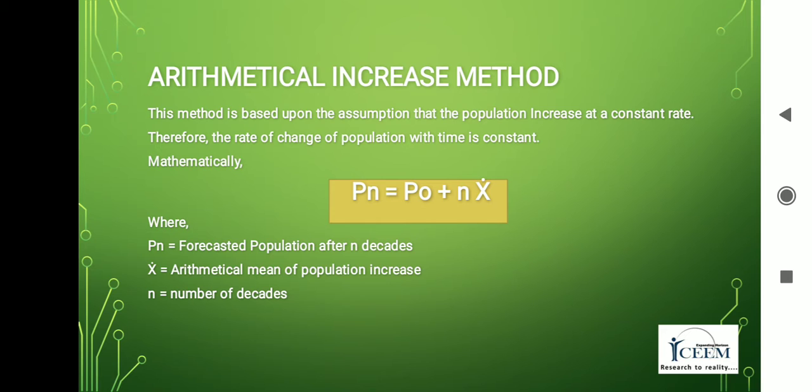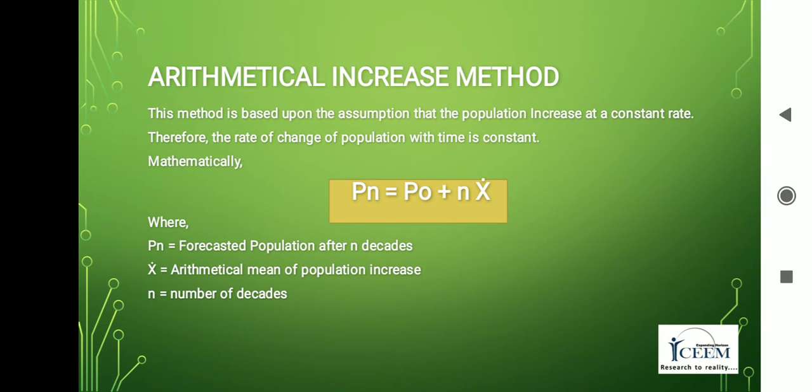Mathematically, it is written as Pn is equal to P0 plus n into x bar, where Pn is the forecasted population after n decades, यानी कि जो हमको after 1 decade, 2 decade पॉपुलेशन कैलकुलेट करना है, that value means Pn.